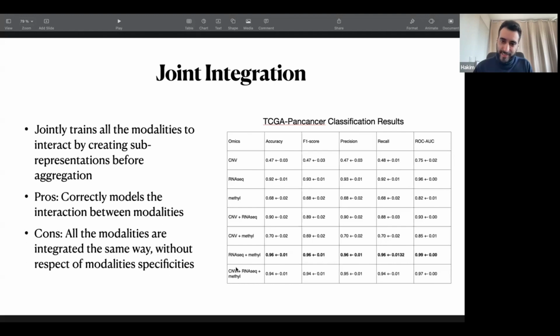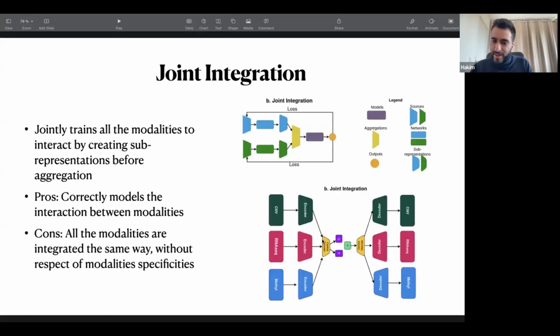Our theory about that is that here, everything is about convergence speed. RNA-seq can converge much faster than copy number variation, and to an extent the same with methylation. Copy number variation is a slower signal to pick up. So what happens is that as RNA-seq converges very fast, it sort of dictates the behavior.